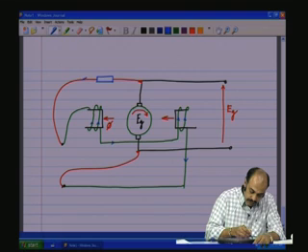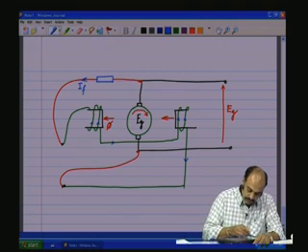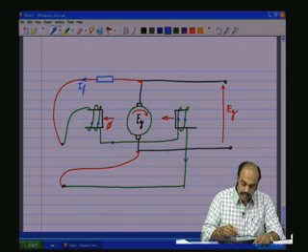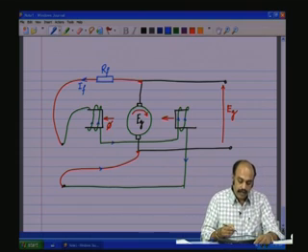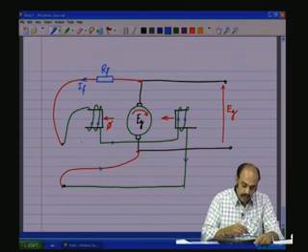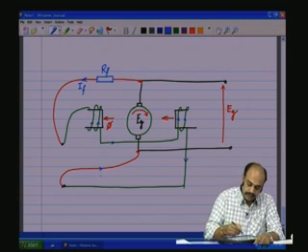So, this is making a current IF flow through it, in this same path, and it comes back through here. So, this is the field resistance RF. Such a connection is called shunt connection or shunt excitation.